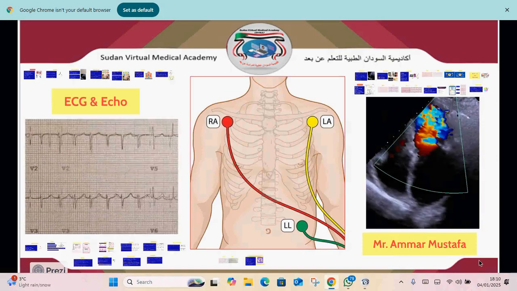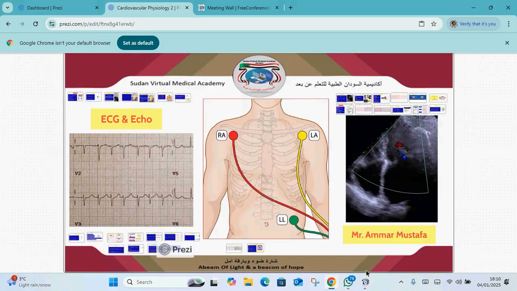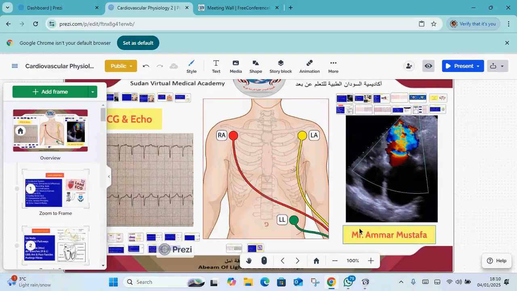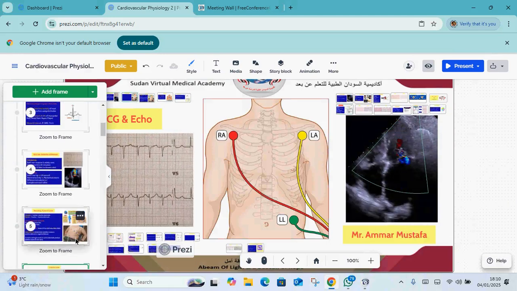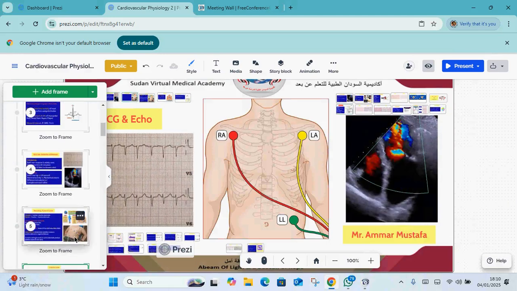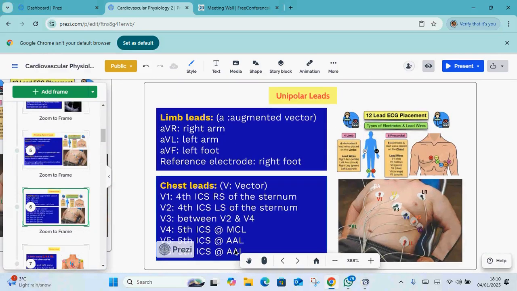Where are V5 and V6? V5 is at the fifth intercostal space at the anterior axillary line, and V6 at the mid axillary line. Yes, well done.